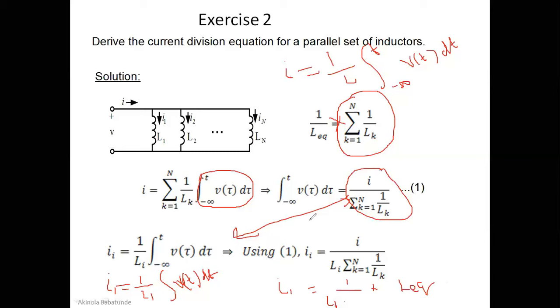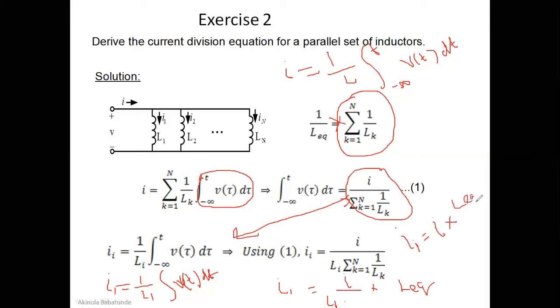And then, what this simply means is that you can rearrange it and say your I of 1, let's say I of i right now, or if you want to use I of 1, it's still okay, would be equal to, this I here is current, so we cannot even use 1. Don't forget, this I here is current, so this cannot be replaced with 1. This is the big I, not the small I. So we go to I, which is the source current now, multiplied by L equivalent.